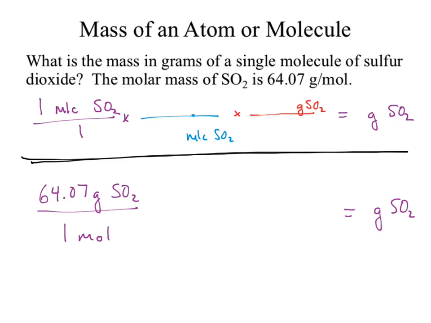What can I convert molecules to? Moles. Okay, there's an interesting suggestion. Can I convert molecules of SO2 into moles of SO2? Is that a valid conversion factor? Yes. What conversion factor is that?